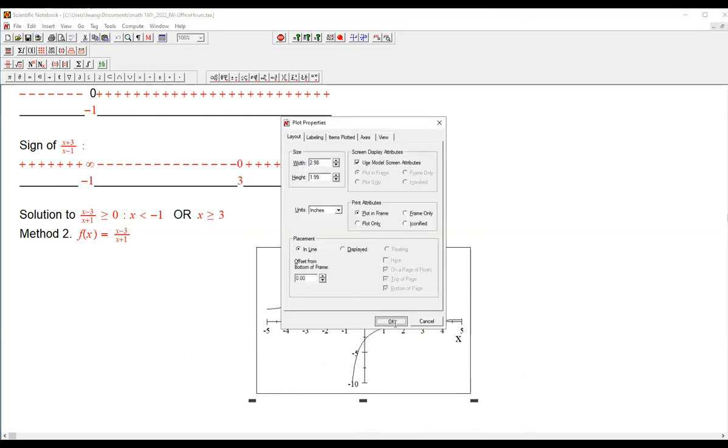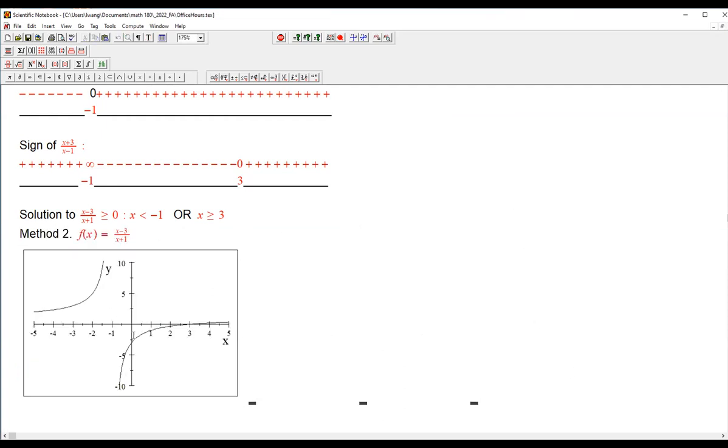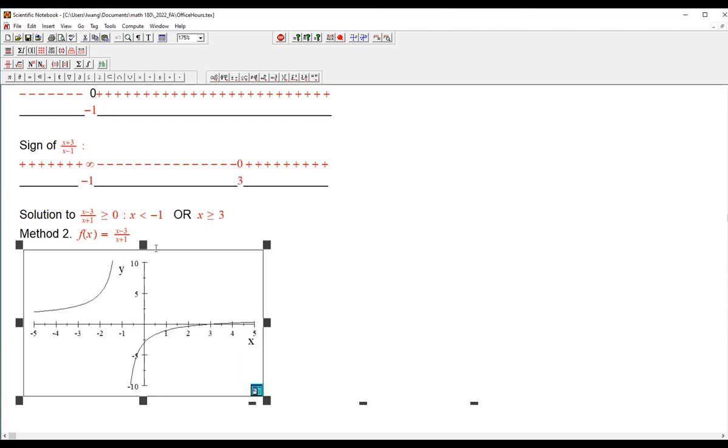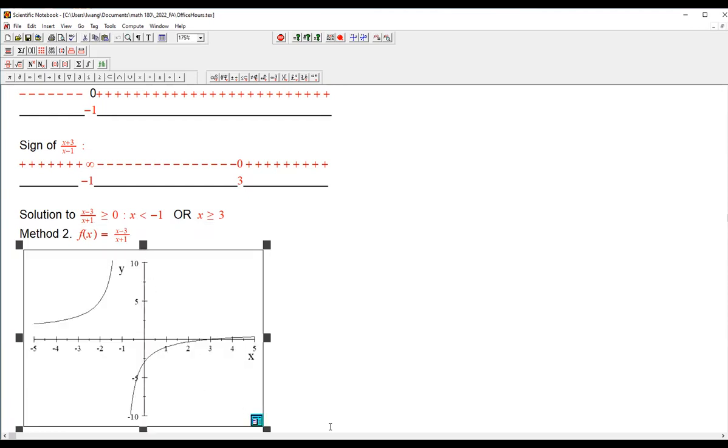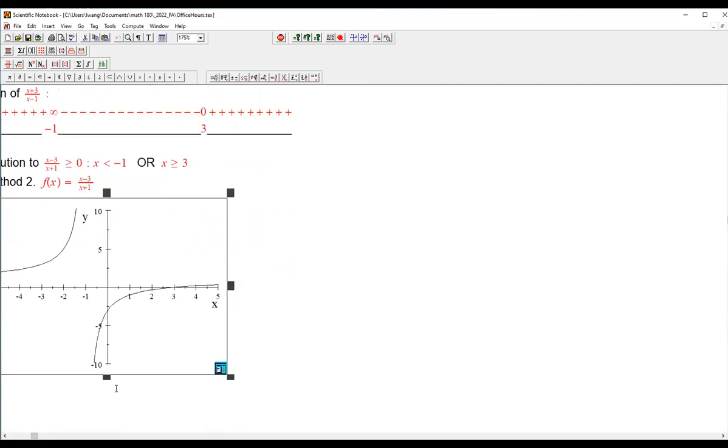And then you have to know what to look for. If you know there's a vertical asymptote, where is the vertical asymptote? The vertical asymptote is at x equals -1. Let me draw that to show you.